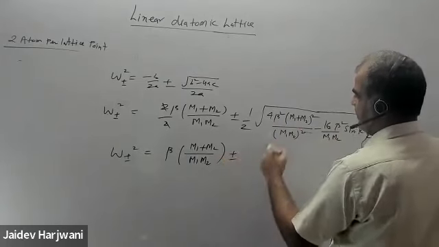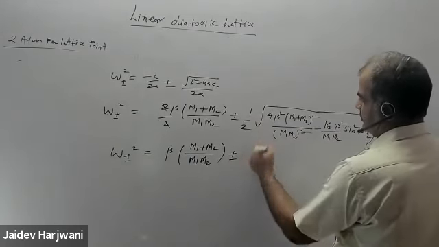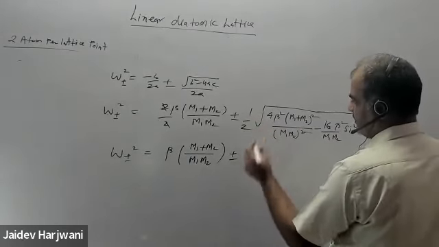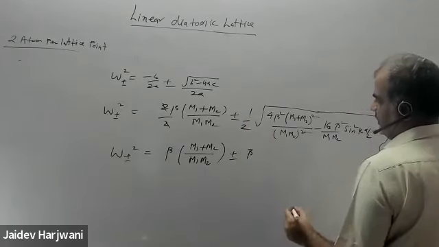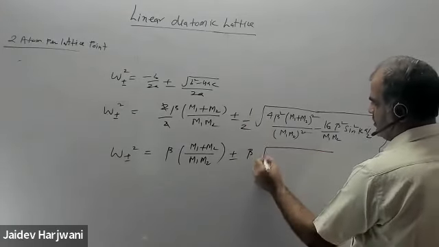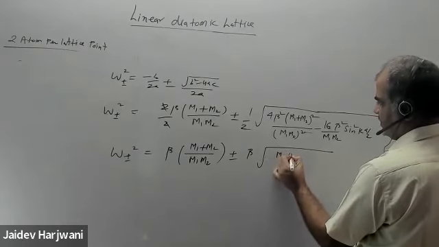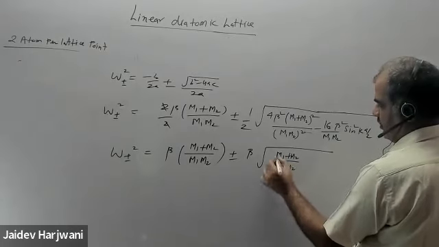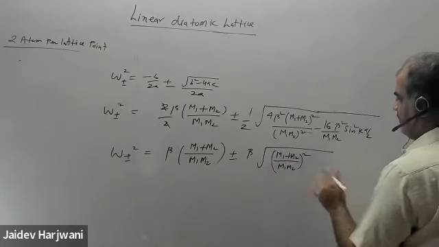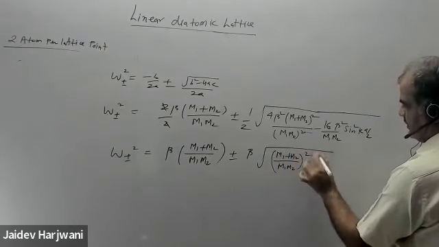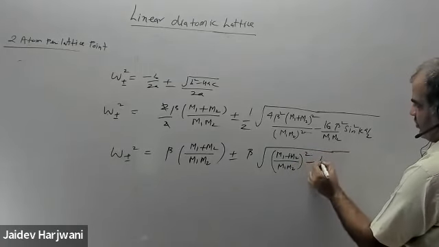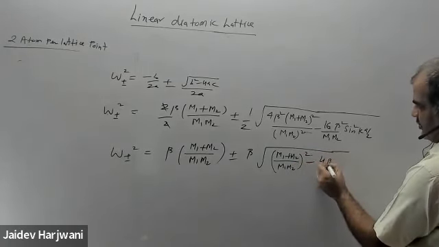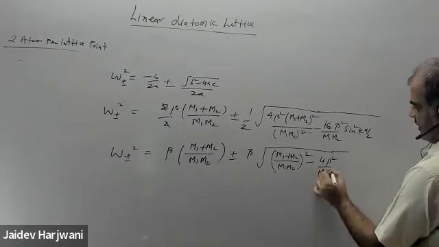So this will be plus minus, we take 4 out. 4 divided by 2 times 2 cancels, so it will be beta (m1 plus m2) upon m1 m2, whole square. And here we will have minus 4 beta square m1 m2.